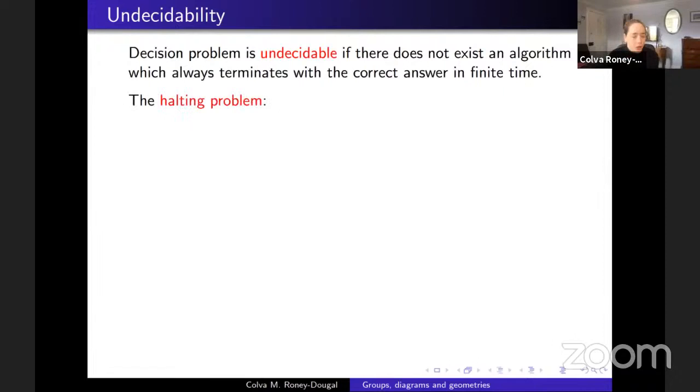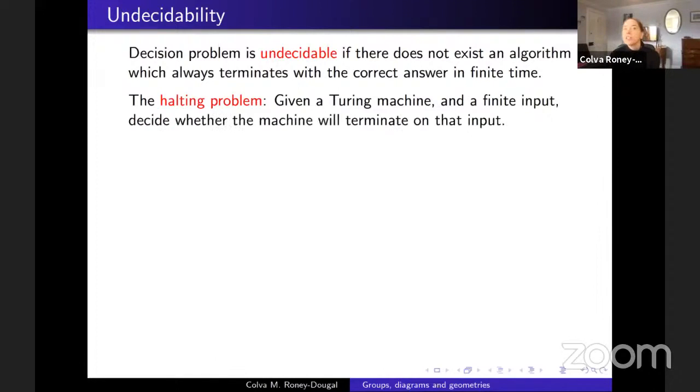So one of the remarkable things is that it turns out that we can find undecidable problems. So the granddaddy of them all is the halting problem, where you're given a Turing machine, so that's an idealized model of a computer, and some input to the Turing machine, and the question is just, will that machine stop when you give it that input? So is it going to run forever, or am I just going to need to turn the machine off at the wall, or will it definitely stop at some point?